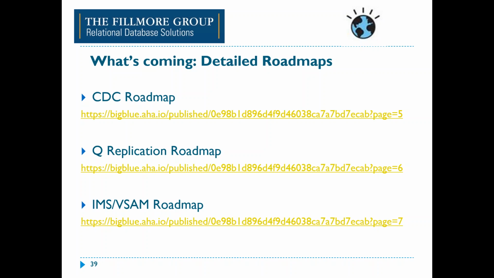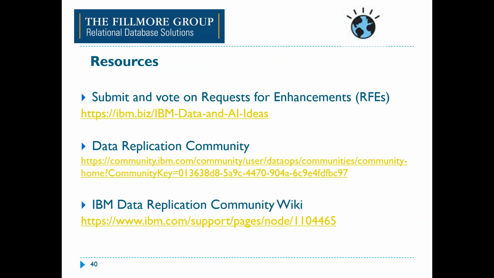If it's something you need, if it's not something you need, you can submit a request for enhancement. So you go to the AHA platform. You can go to this link, but IBM uses that for collecting what used to be called RFEs. This is a broader platform that supports lots of vendors, I believe, and we've had some success with it in posting RFEs and actually getting IBM to agree to consider and implement them.